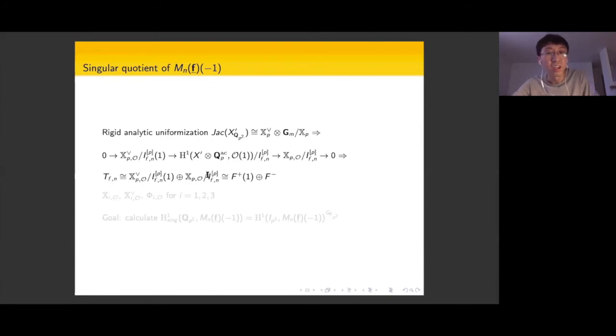And it also should be familiar to you that once you have this rigid analytic uniformization, the cohomology of the Shimura curve, which is equal to the Tate module of the Jacobian, sits inside of this exact sequence.